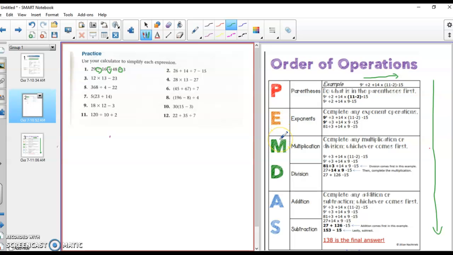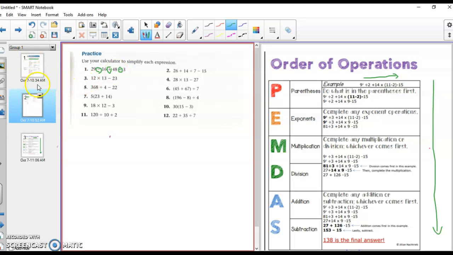I do not have multiplication. I do have division. And remember, these are color coded the same color because they can be flipped. Whatever comes first, you do first. So I'm going to do division first. 48 divided by 3 would give me 16.